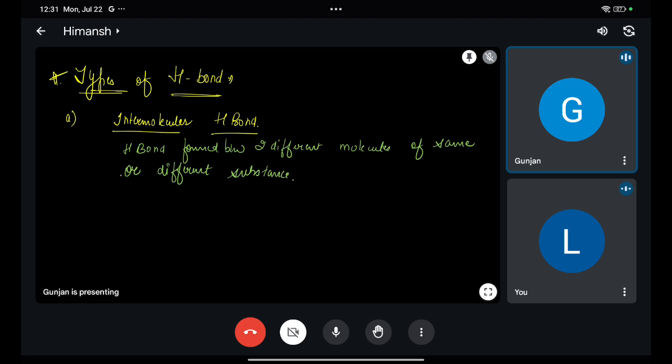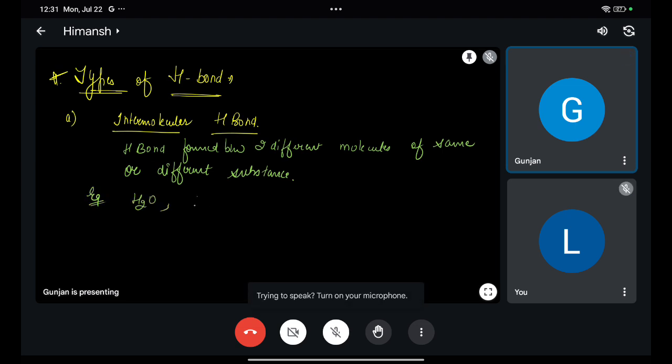So, for hydrogen bonding examples, we discussed H2O, NH3, HF, all of them were intermolecular, in between two molecules.